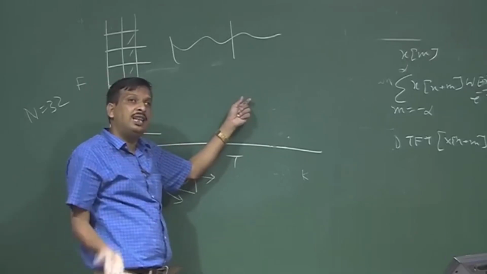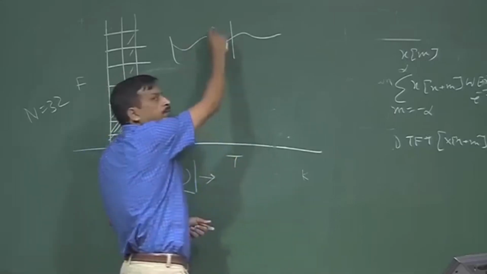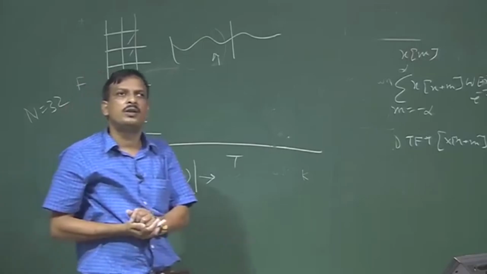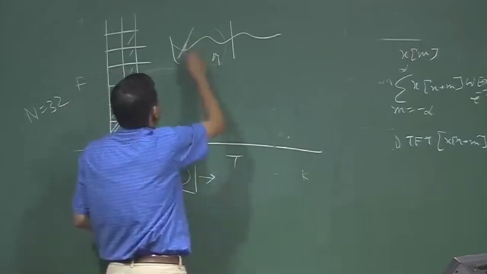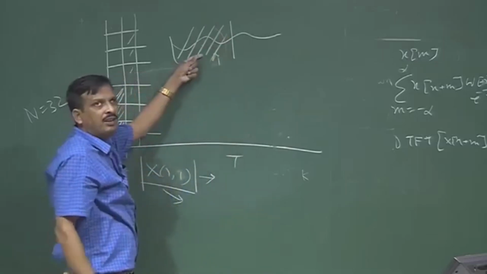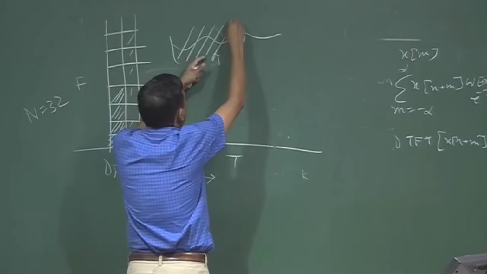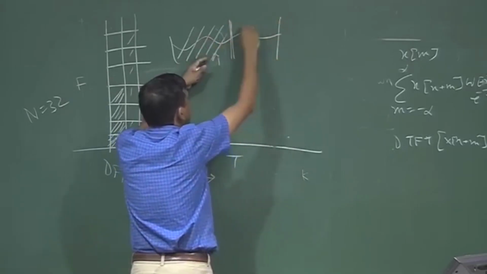Once I do the IDFT, I can get back this frame again. Now, what will happen if I just separate this portion? Once I get back, I will have a problem at this junction, because the next band is here. So, the signal is continuous.